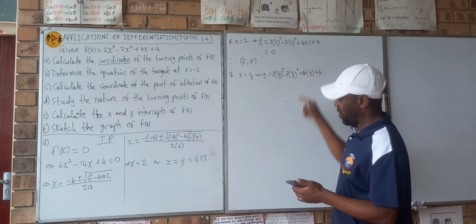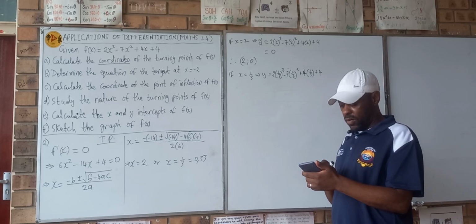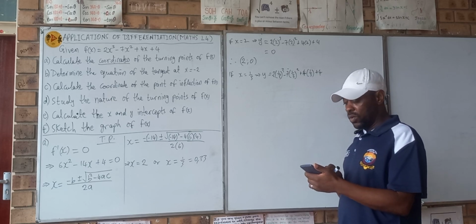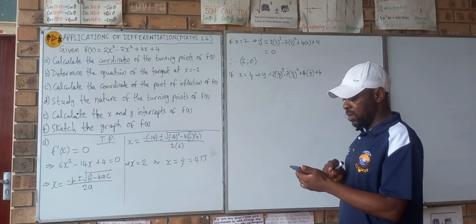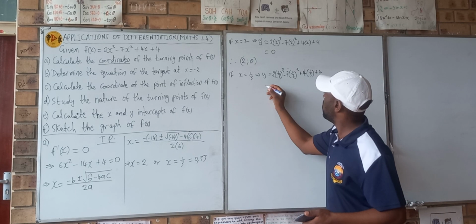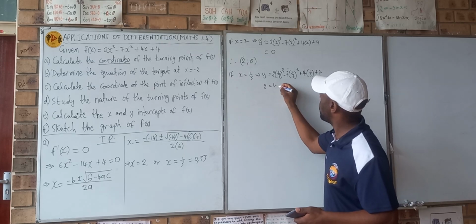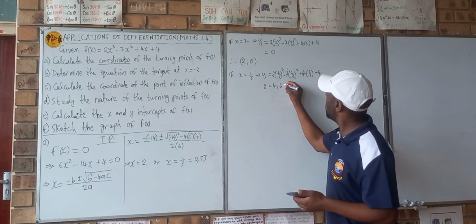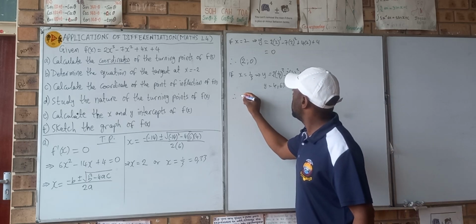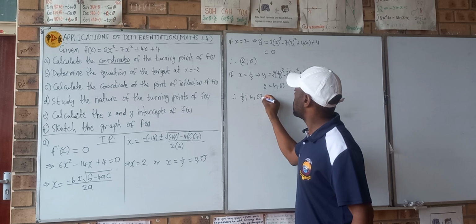Then this will be 4 over 3 plus 4, so it gives me 4,63 if I put it in 2 decimals. So the other turning point is 1/3 and 4,63.